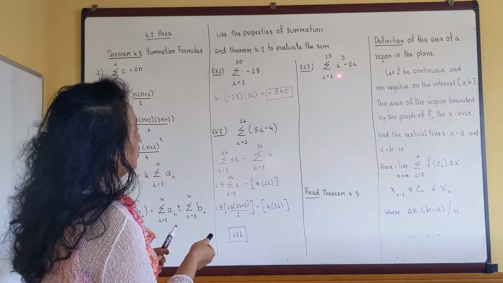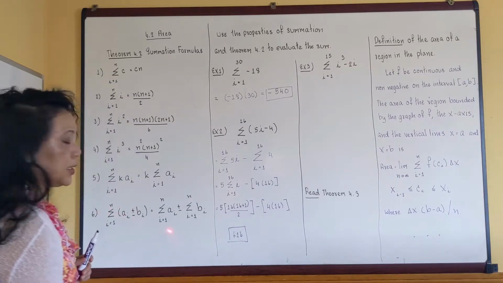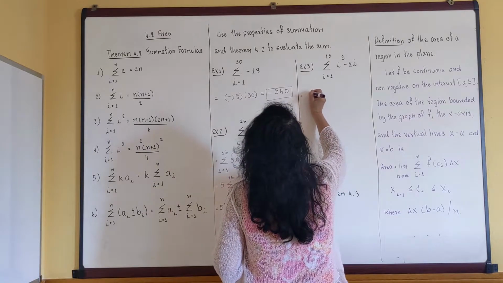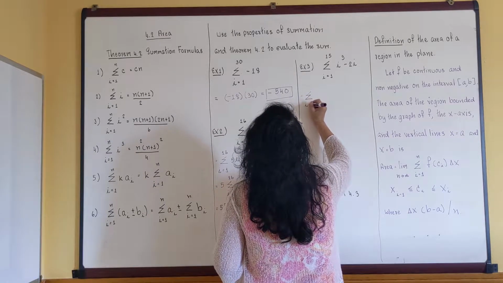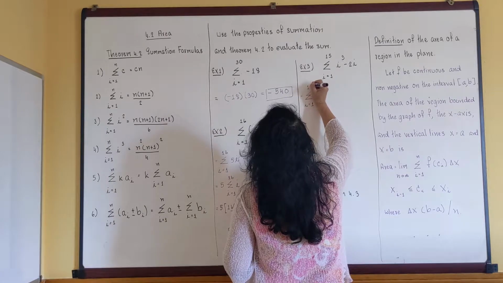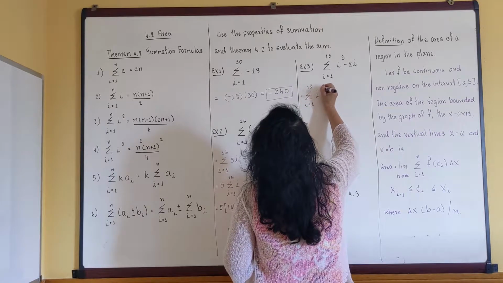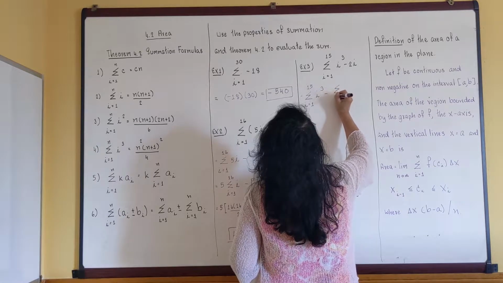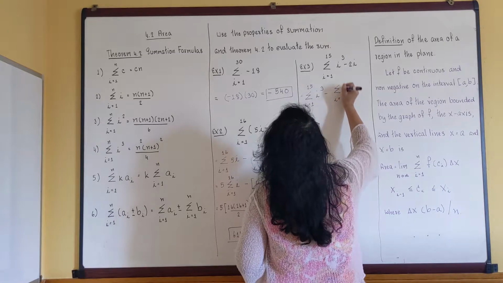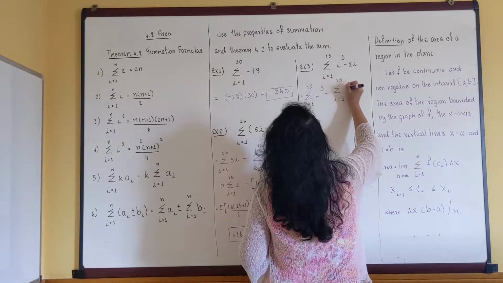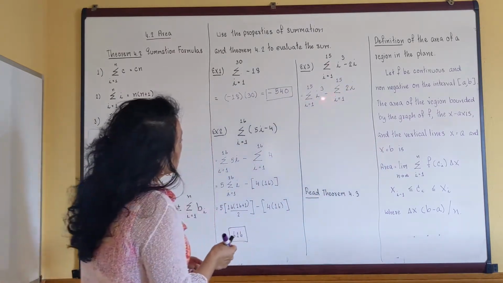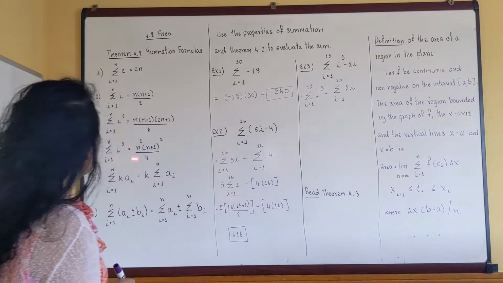Let's look at the next one. Again, I have two terms, so I'm going to use property number 6. I'm going to have sigma, i from 1 to 15, of i cubed, minus sigma, i from 1 to 15, of 2i. For the first term, I'm going to use the fourth property.